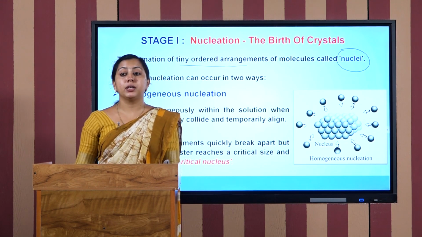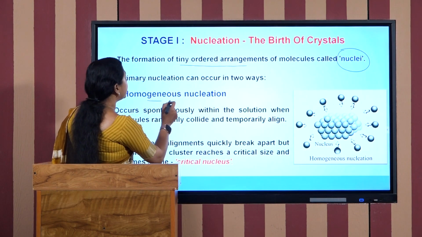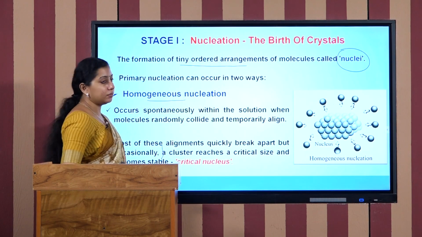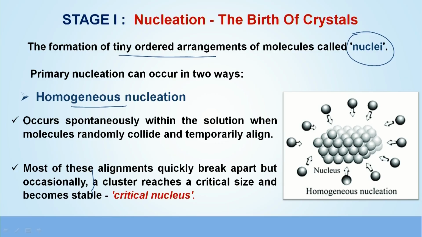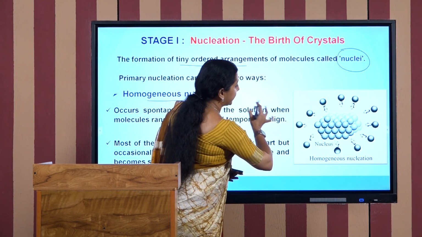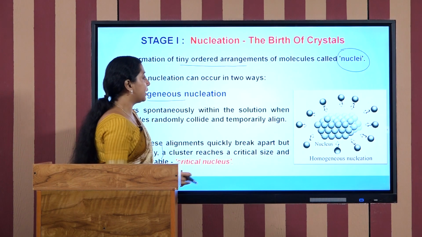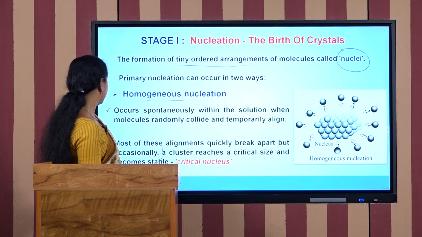Now, this nucleation can occur in two ways. One is homogeneous nucleation. Homogeneous nucleation occurs spontaneously within the solution when molecules randomly collide and temporarily align. The molecules will be randomly oriented, they collide with each other and then start aggregating.